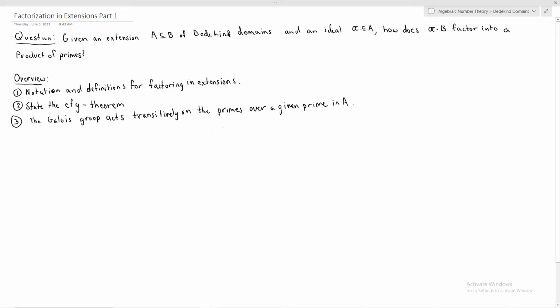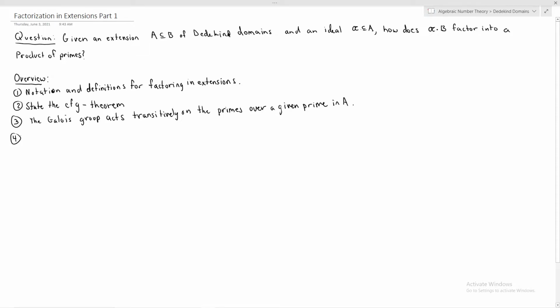Again, I'll clarify the statement, like what this phrase "primes over a given prime" means. But basically, the gist is that the Galois group acts transitively on some set of primes.